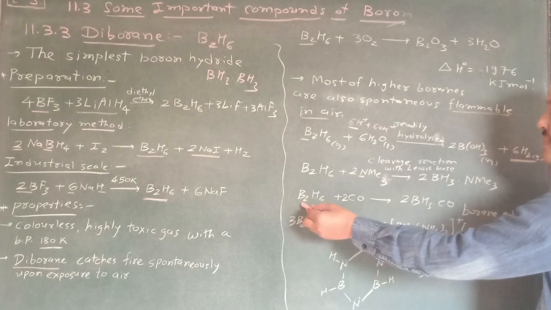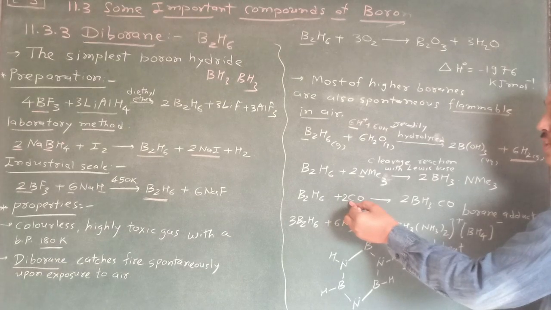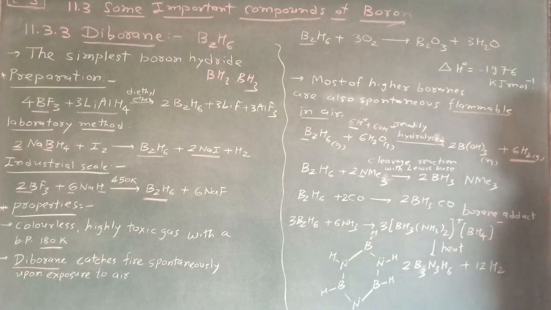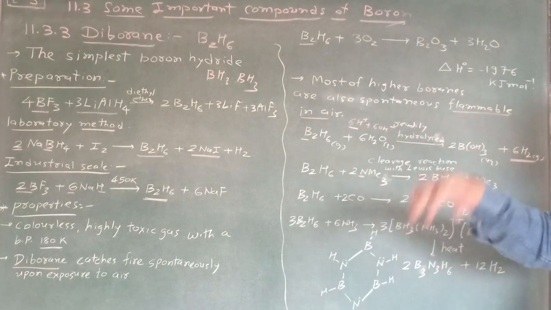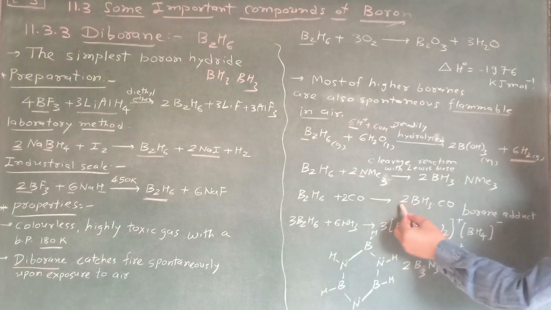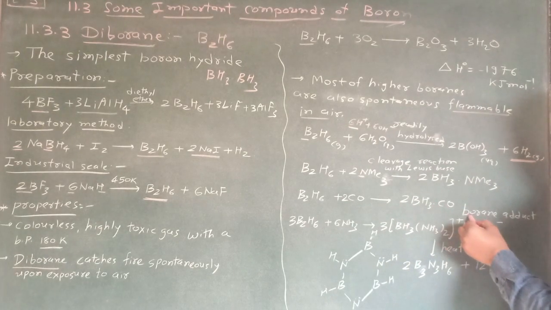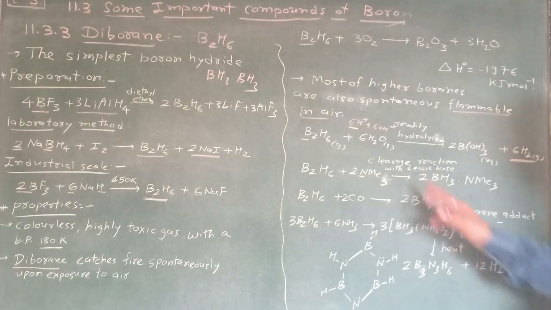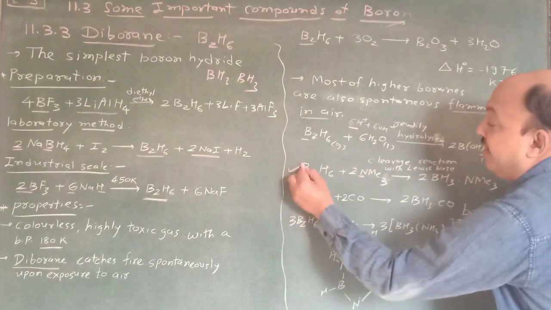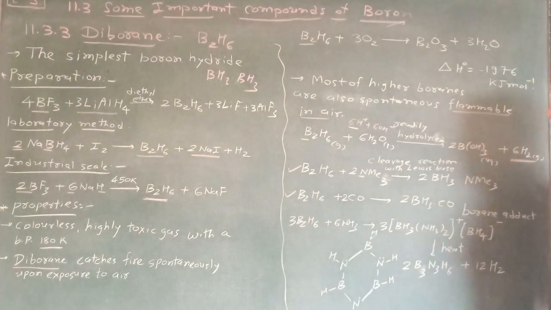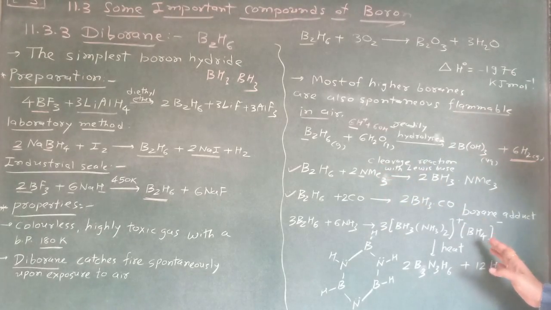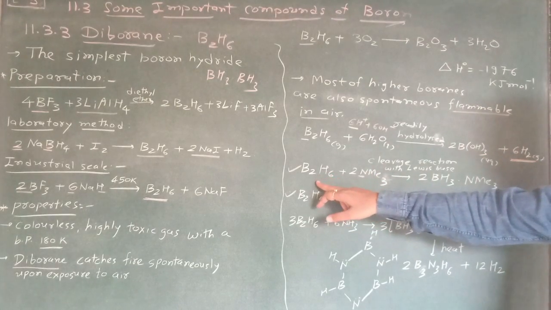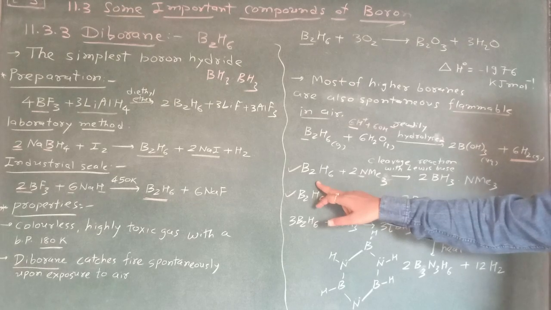Another: B2H6 when it reacts with 2 moles of carbon monoxide. This is a Lewis base. It has the tendency to donate electrons. So here 2BH3.CO borane adduct is obtained. This reaction is very important for competitive exams because it's a corner question. Remember, B2H6, this diborane, is a Lewis acid.